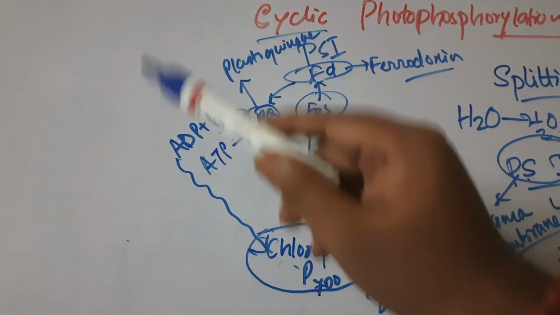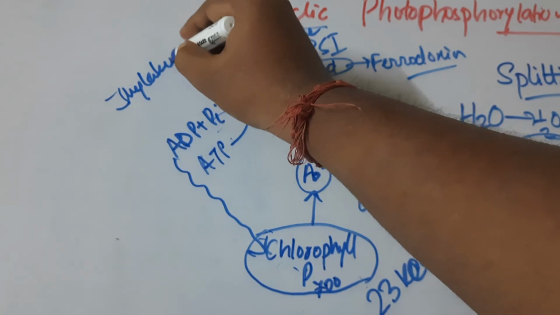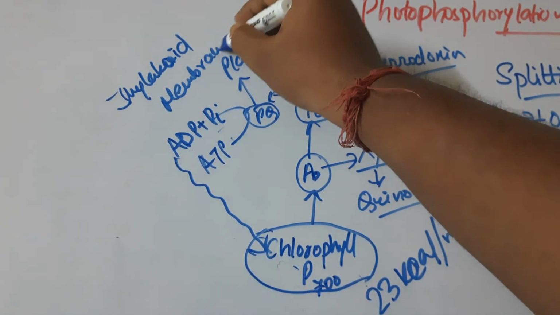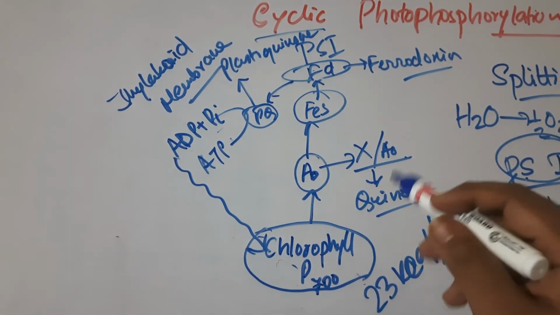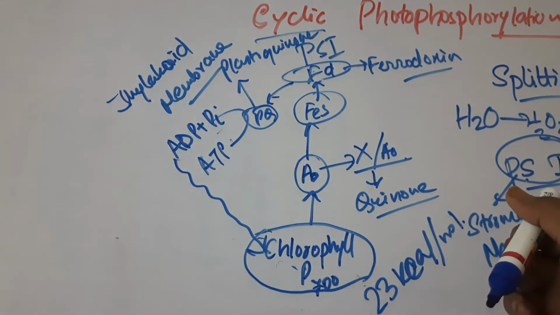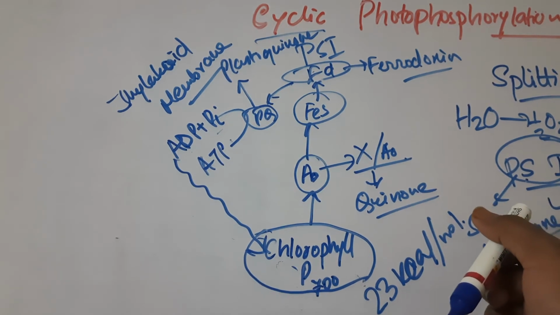This takes place in the thylakoid membrane, where a lot of things take place, one such thing being the production of ATP and NADPH.